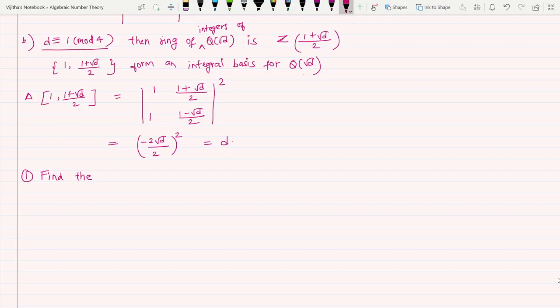Find the integral basis and discriminant of Q of root 3, and also Q of root of minus 7. We can do these 2 problems here.